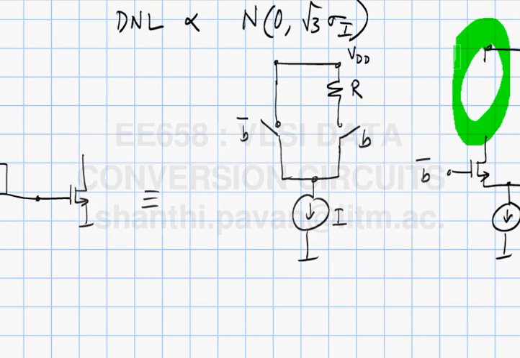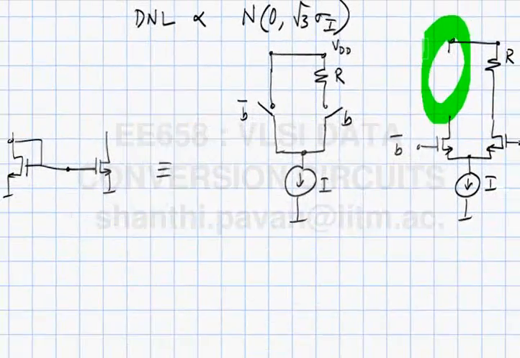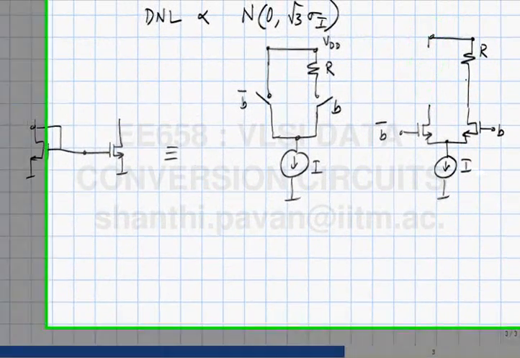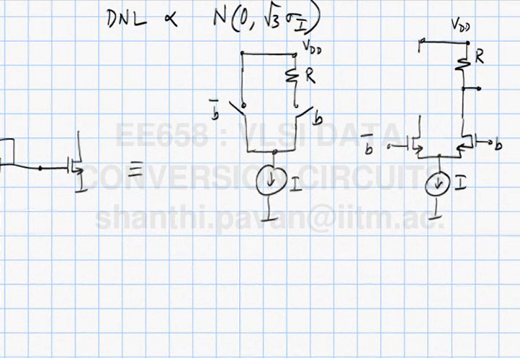The output voltage here, if this is VDD, will be VDD minus IR times B. So if B is 1 logically, then the output voltage will be VDD minus IR because all this current is flowing in the right leg. Clearly, if there is any noise on VDD, it will directly come out at the output of the DAC. So instead of that, what would you do?